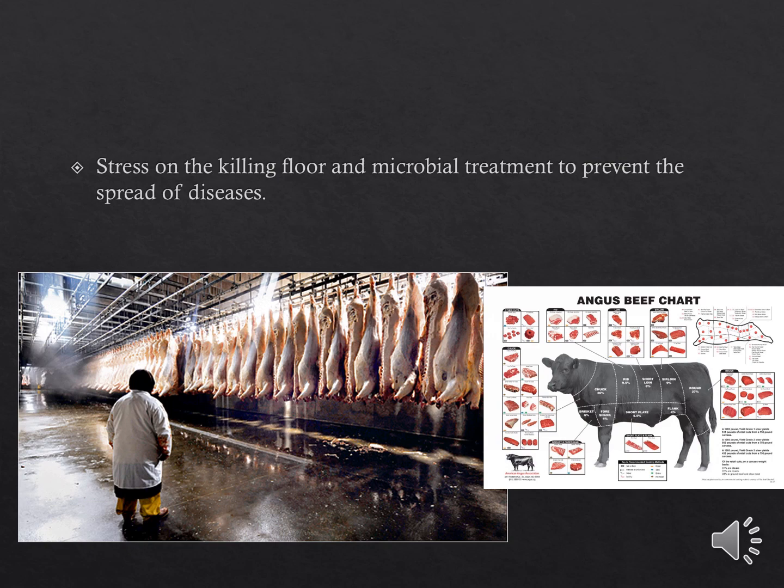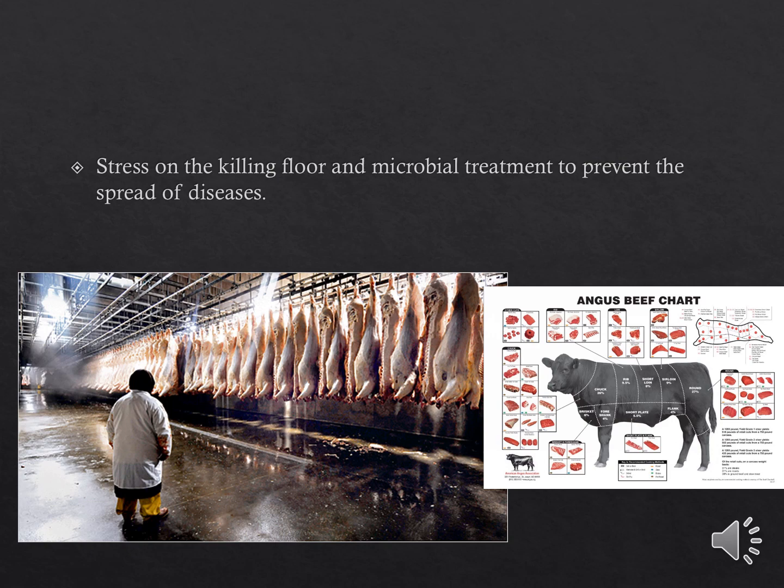So that killing process is designed to reduce stress that the animal feels, because a stressed animal at 1,200 pounds is difficult to handle, and a stressed animal releases hormones into its body, including into its muscles and fat, right?